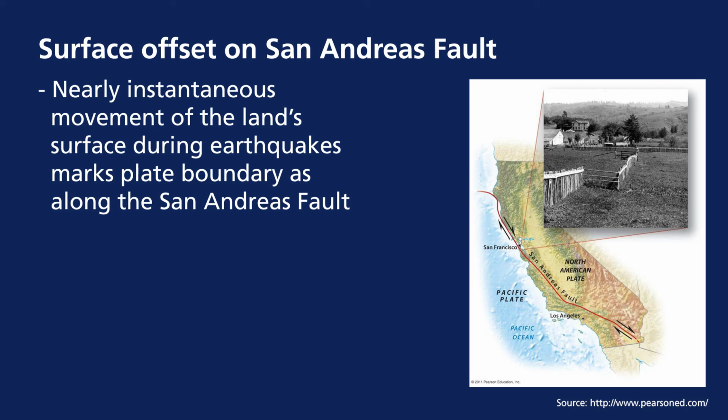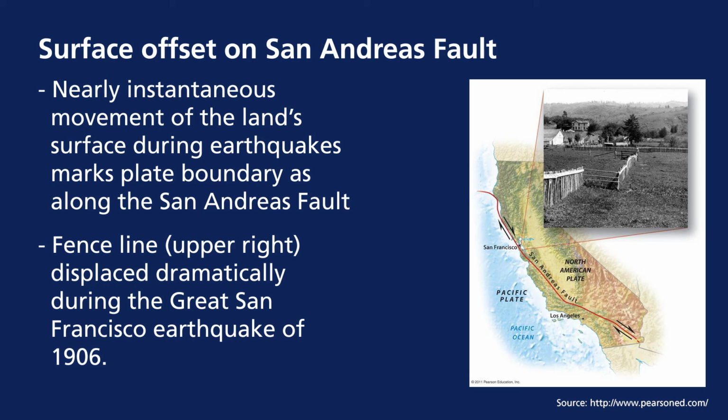And you see a picture of a farm where the fence has been offset due to an instance where these two lands on top of the two plates are moving parallel to each other, one heading northward, the other heading southward. This certainly came in one big movement called an earthquake.